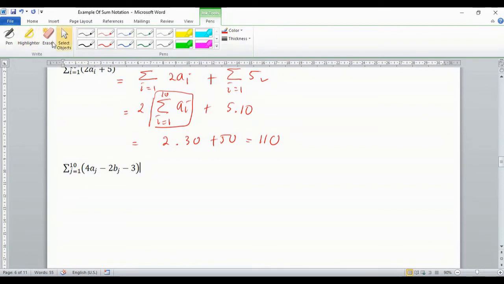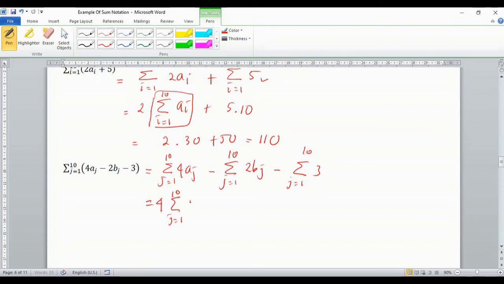From here, we can use the properties to write sigma j equals 1 until 10 of 4a_j minus sigma j equals 1 until 10 of 2b_j minus sigma j equals 1 until 10 of 3. Then we can use the second property, 4 times sigma of a_j, and likewise the second property for 2 times sigma of b_j.